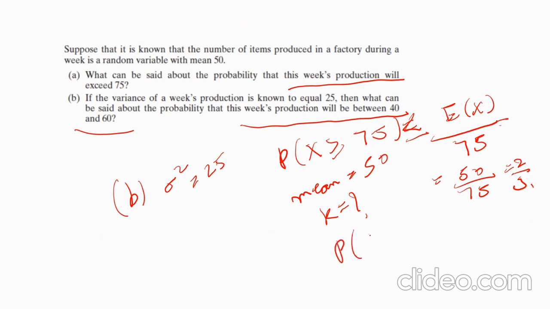Let's just say that we have x minus mu less than k. Okay. So probability x minus mean, which is 50, less than k. And we want x between 40 to 60.